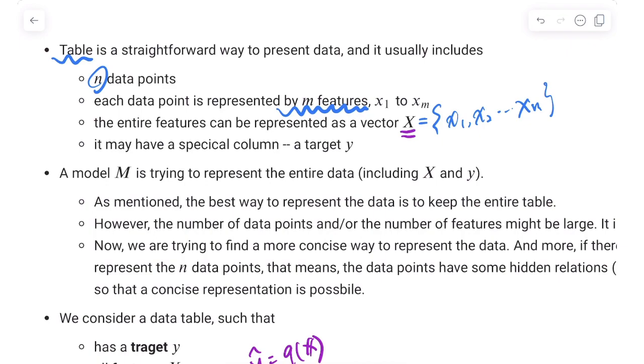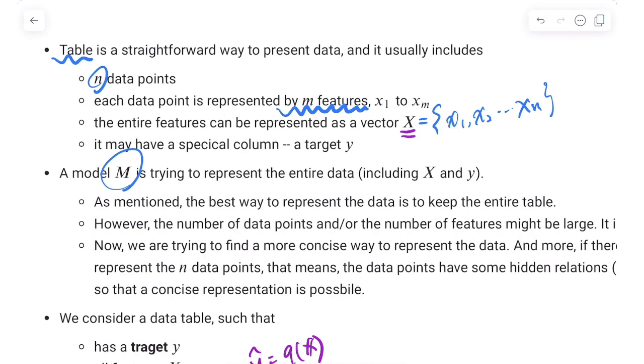And there should be a specific column which is y. With this specific column y, we can build an application that uses big X to predict y. In order to do such a prediction, we need a model to find the relationship between big X and y. So we have a big model here.